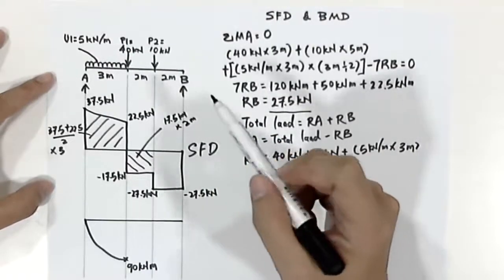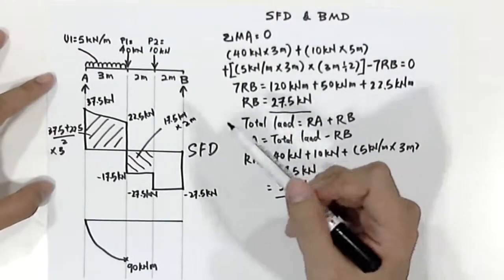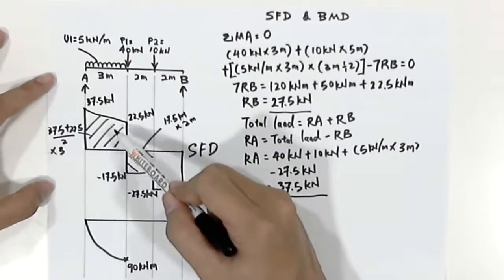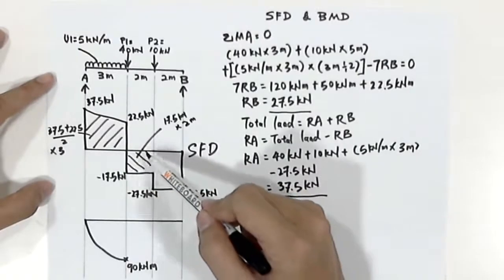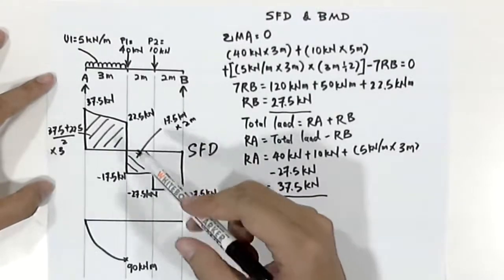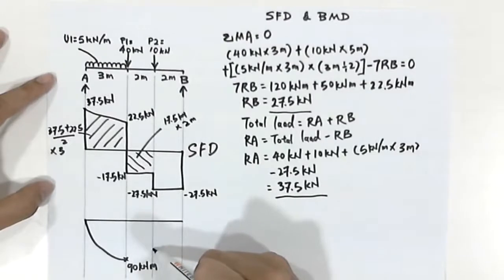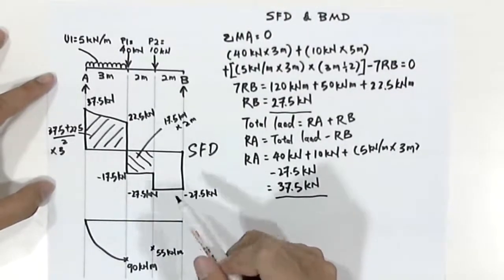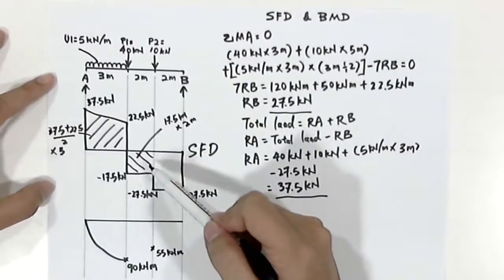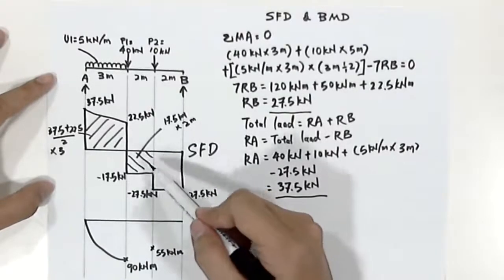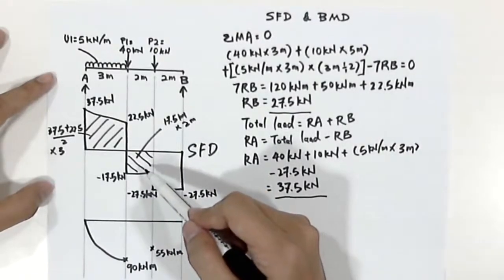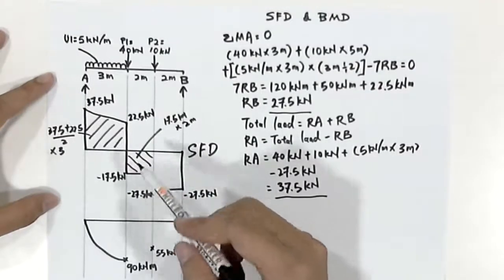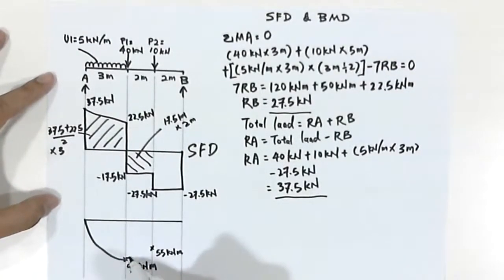So what we'll have here is that the total area deduct the new area will get a value of 55 kilonewton meter. And you see that since it is a straight line in the shear force diagram, therefore we'll draw a linear line in our bending moment diagram.